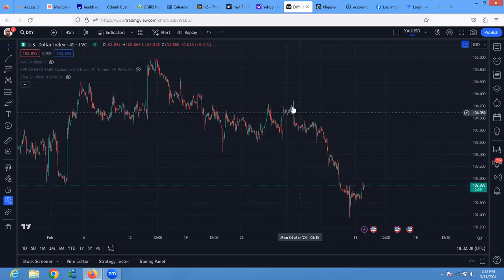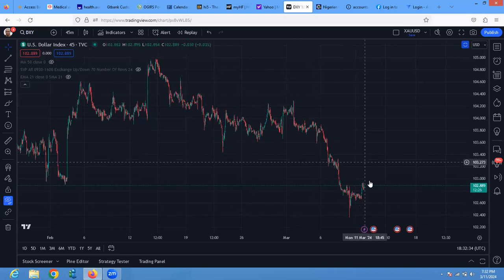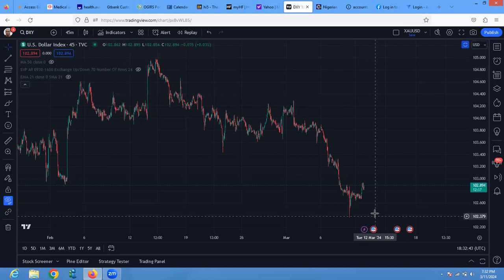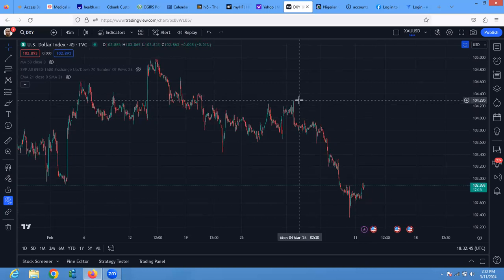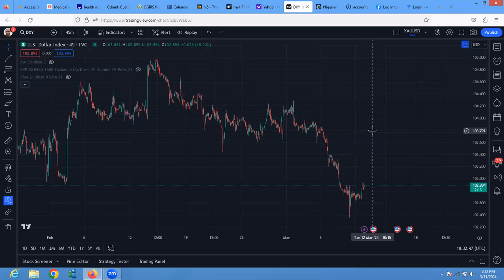Or is it that we have, okay, this is a 2 and 3 has completed? Would this be a 4? If this is going to be a 4, then we can still have one more thrust to the downside. And after that thrust to the downside, we are going to correct entirely from here to here to the upside. And that is where we expect to take further bites to the downside.